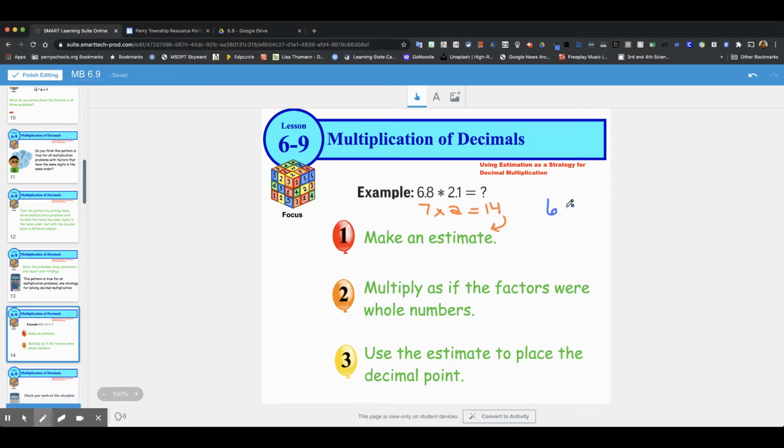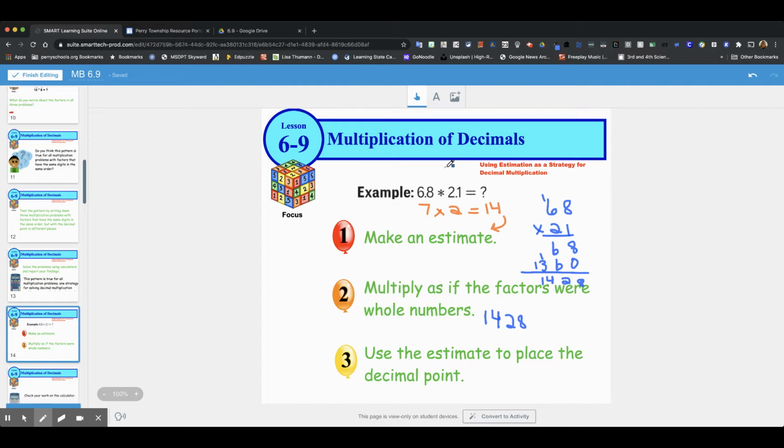I'm going to do 68 times 21. I know that 8 times 1 is 8, and 6. I'm going to a new place value, so I'm going to put that 0. And so then you'll see my thinking here. So we've got 8, 12, 4, and 1. So here I get 1428. I would think of that as 1,428.